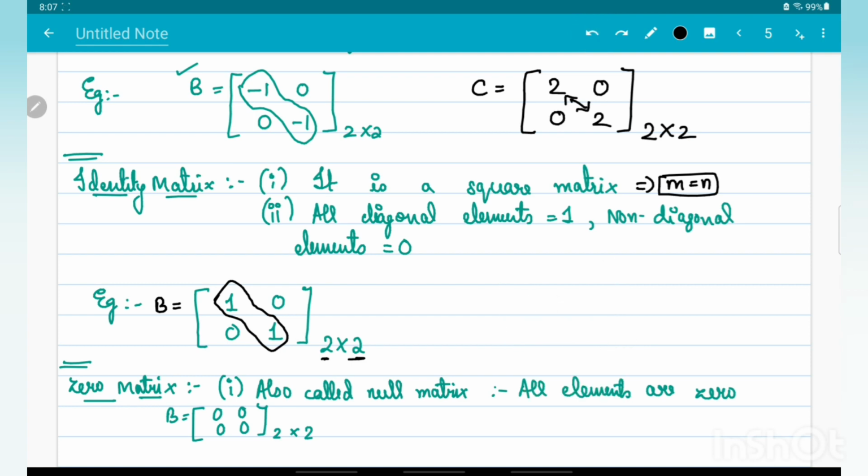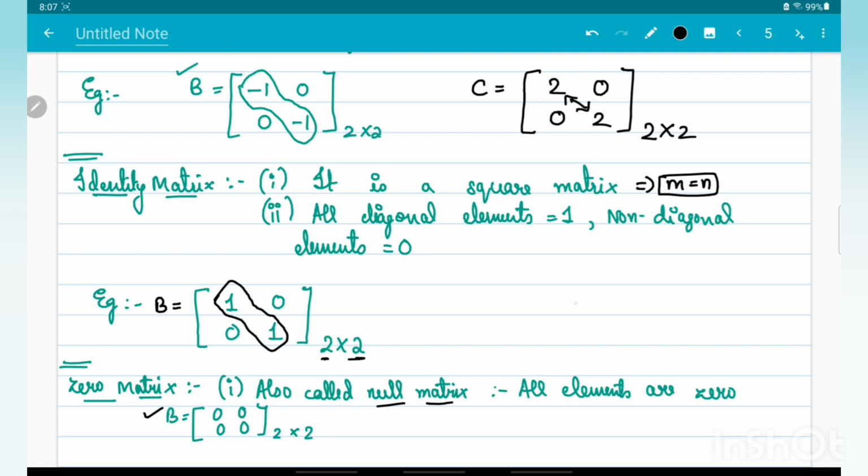Now the third one is a zero matrix. Okay, now in a zero matrix, all the elements of the matrix should be equal to 0, as simple as that. And this matrix is also known as a null matrix. Here I have taken an example of matrix B, and in this all the elements are equal to 0, and the order of this matrix is 2 by 2.